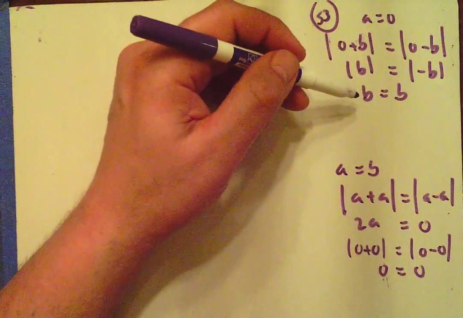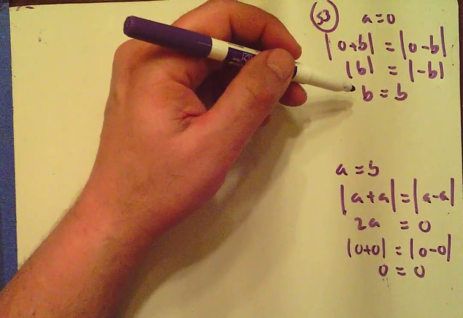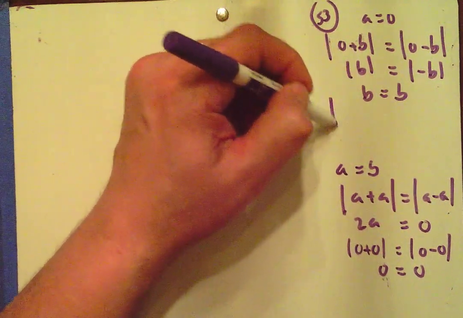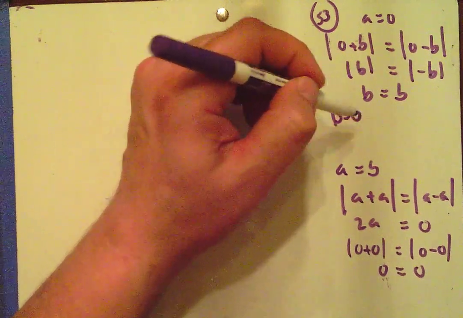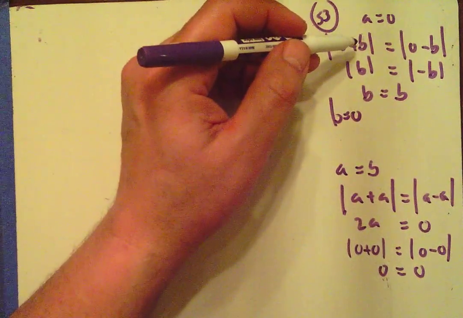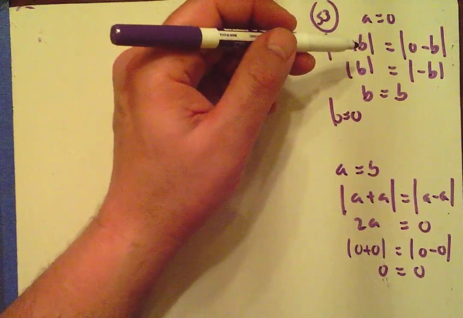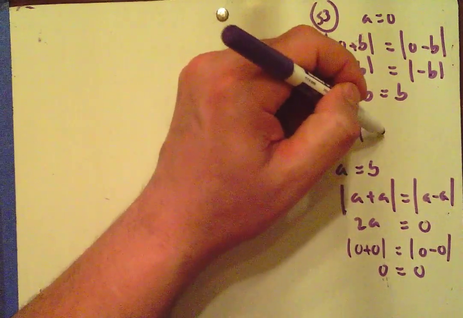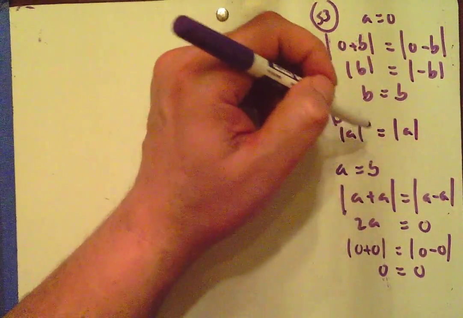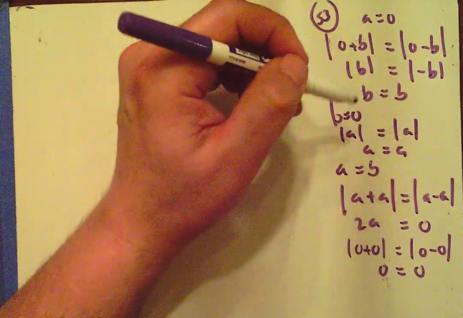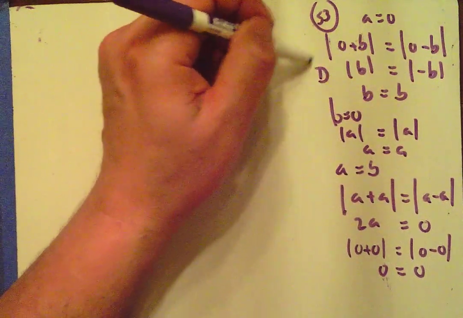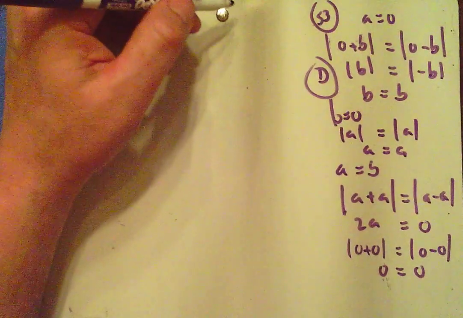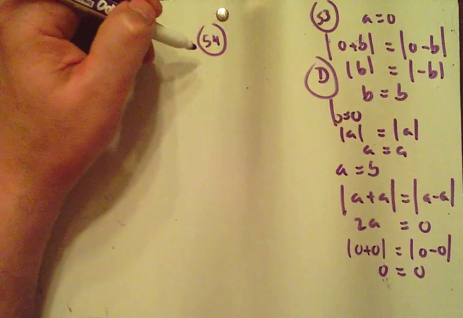And what about if we make B equal to 0? So I see that with B equal to 0, I end up with absolute A equals absolute A, which means A equals A, and so I like choice D for number 53. 54.